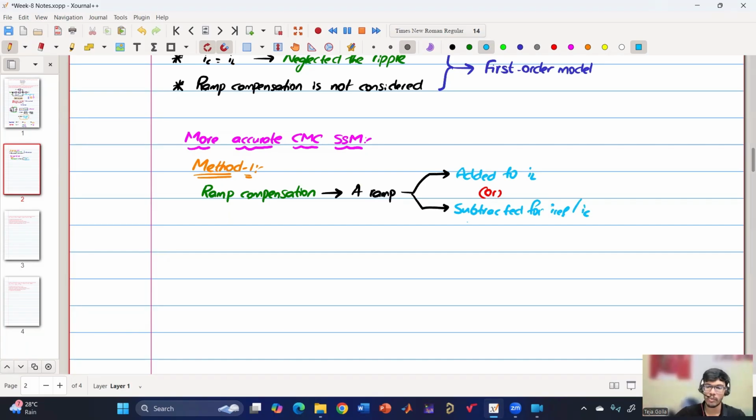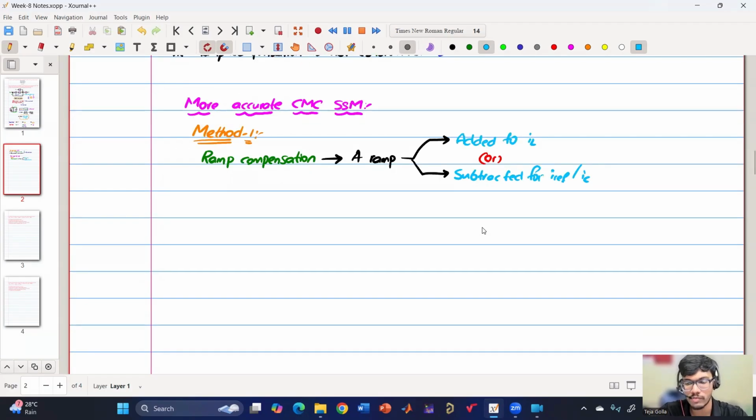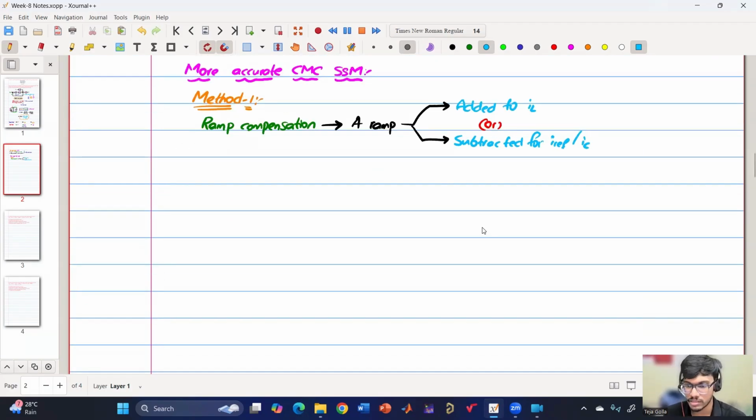So it is a ramp compensation. One of the reasons we want ramp compensation is when the system is unstable; we add it to make it stable. When we do that, we either add it to the inductor current or subtract it from the I reference. In this analysis, we'll subtract it from the I reference.